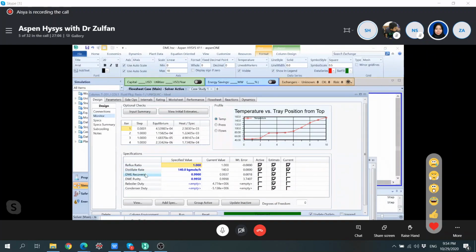We specified DME recovery at purity. You don't specify it because it's not active, but at least you want to see the products, purity and recovery, and also the duties of the reboiler and condenser. Right? At least these 6. I normally see these 6 parameters.